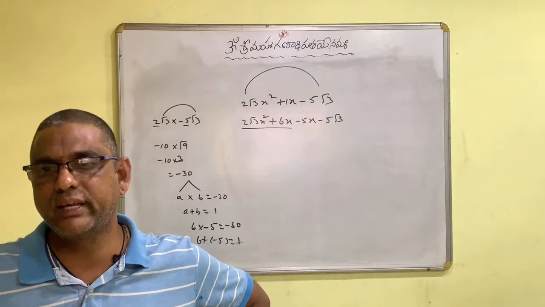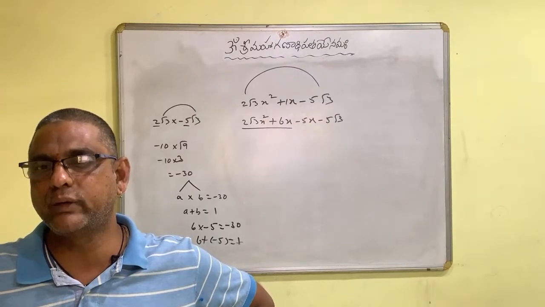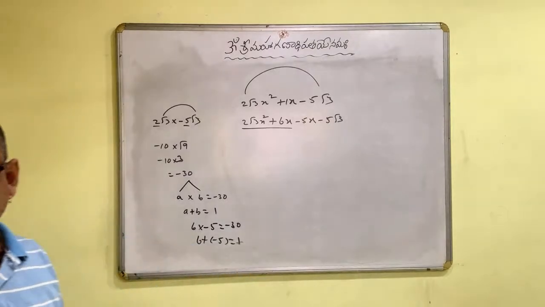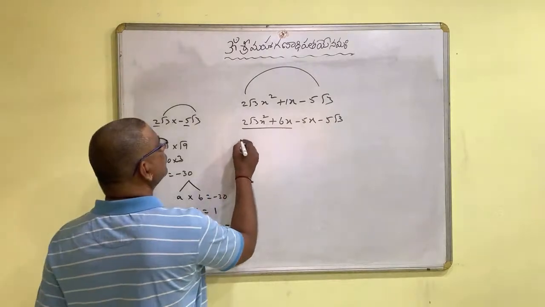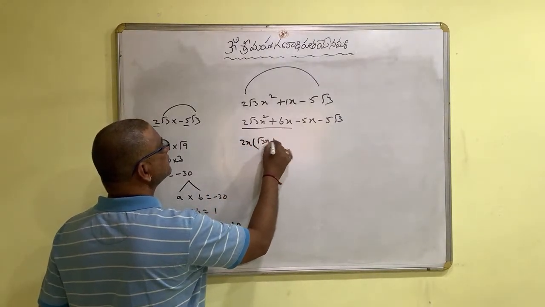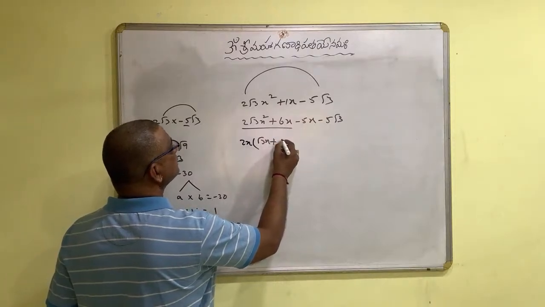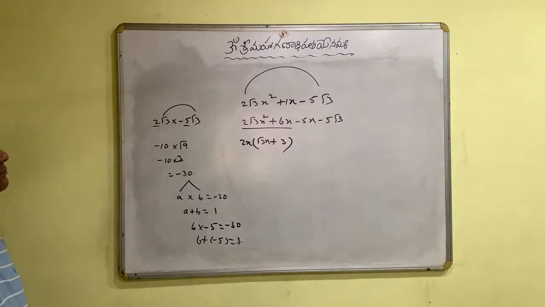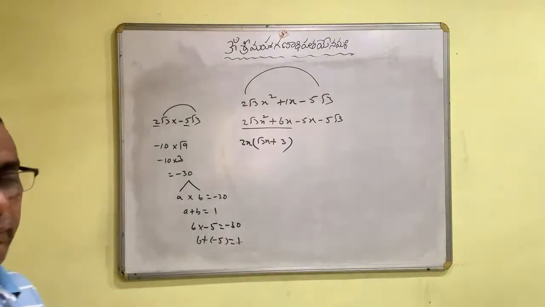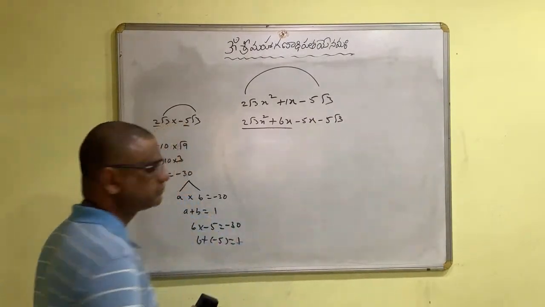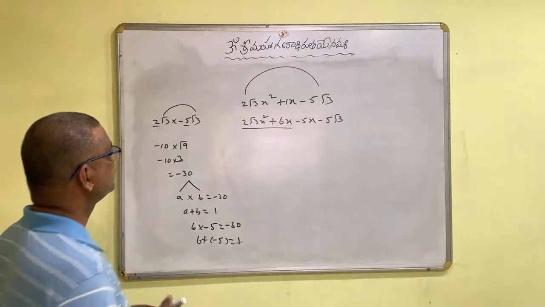Yuvraj also says only x, but the remaining people are saying 2x. So I'll go ahead with 2x. So 2x common. So remaining here is root 3x plus 3. But children, here you see what I am doing here.